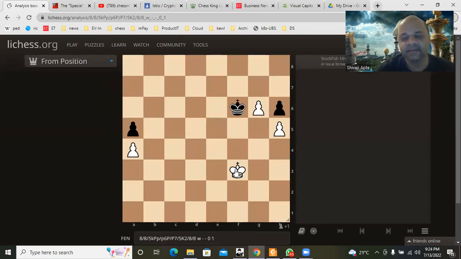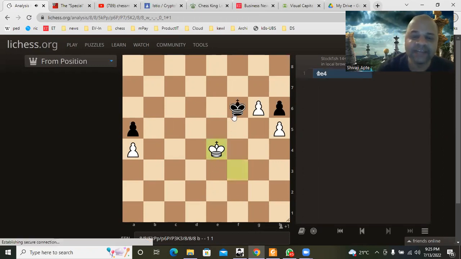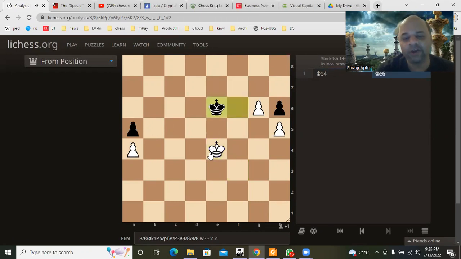See, it is very clear that you can't win this on the king side, but you know that very easily you can win this on the queen side. How? Because the moment you start going towards the queen side, black king can come up to here, but cannot go beyond here. The moment white king goes here, black king cannot come to the d file or beyond the 5th rank.